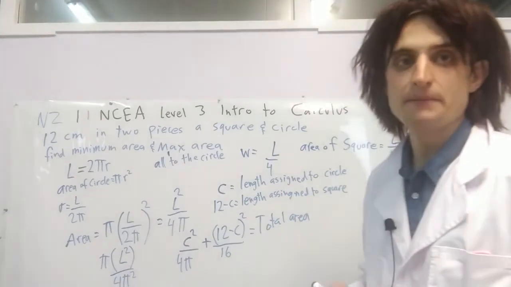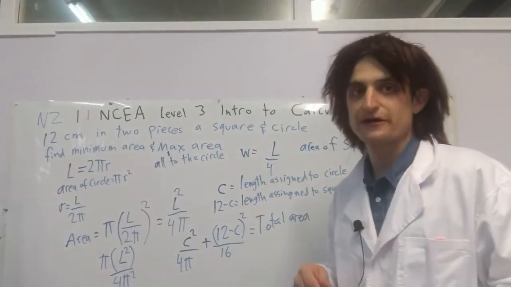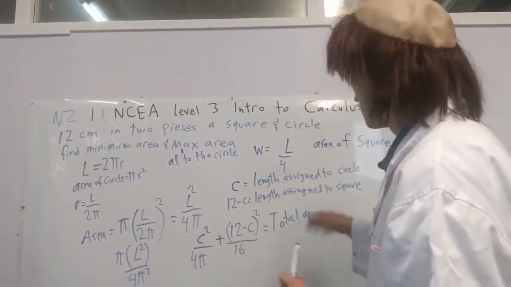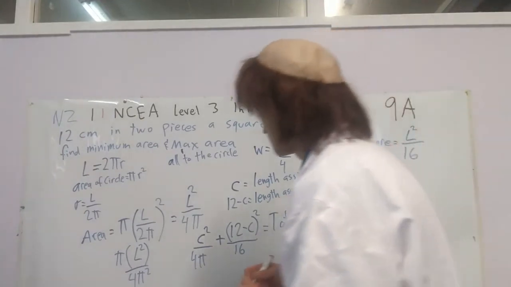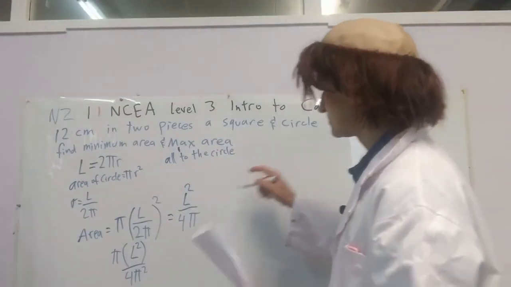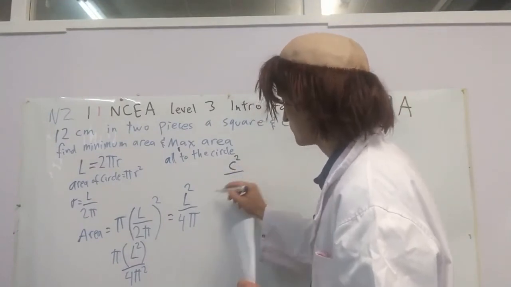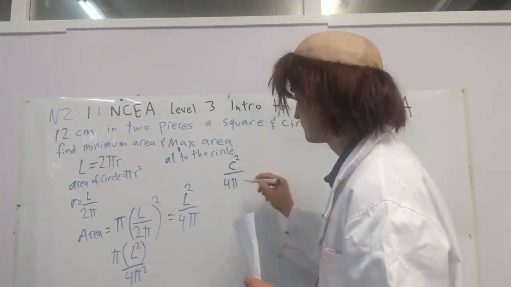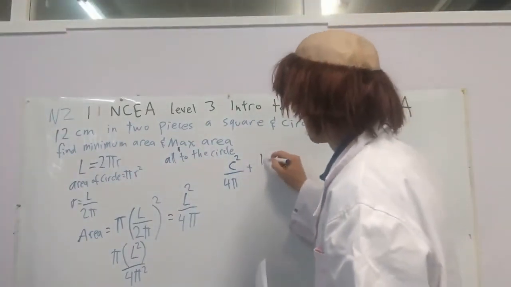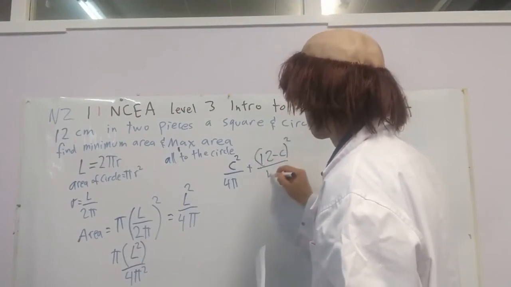So now to optimize it, or in this case, minimize it, find the lowest point, we have to work this out and solve. So now we plug it in. For the circle, we found we get C squared over 4 pi. And for the square, we get 12 minus C squared over 16.